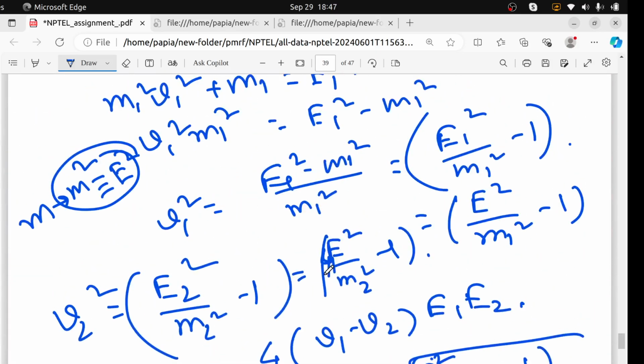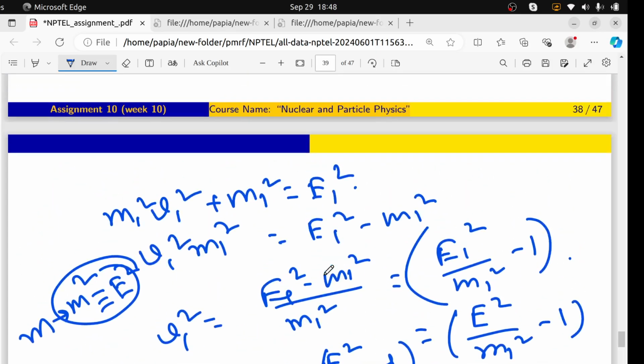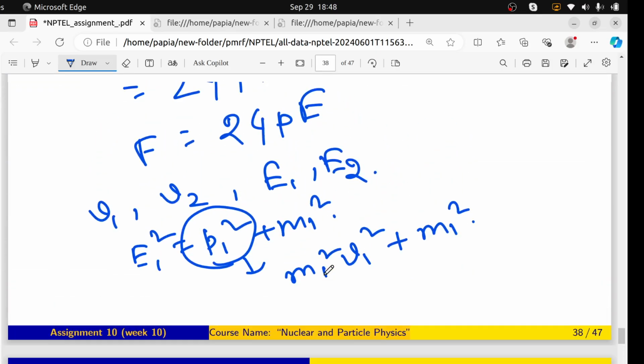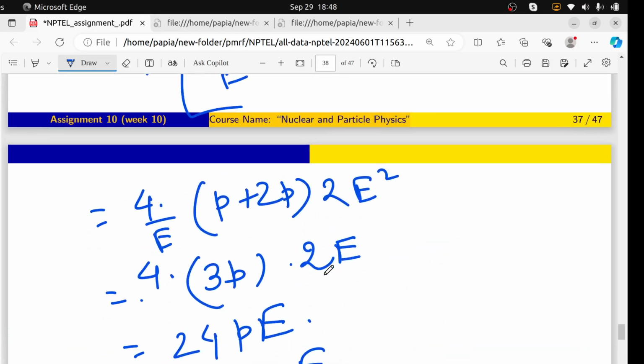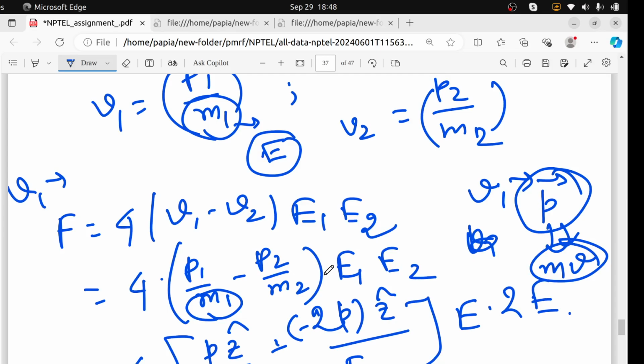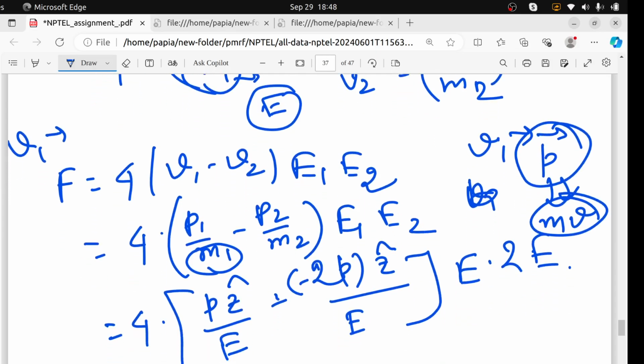Excuse me, ma'am. The given formula is 4 times of P1 E2 plus P2 E1. This one, formula of class density.